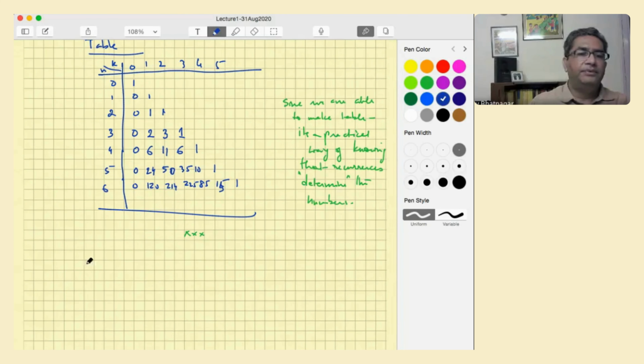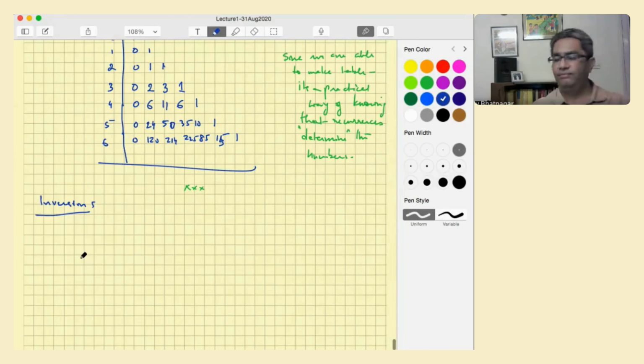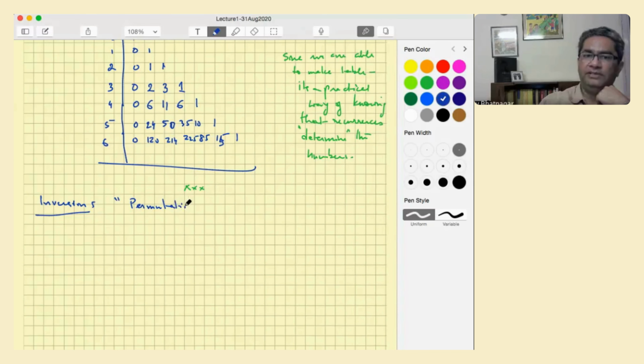Okay, so the next topic and the last one for today is inversions. I think we have more than enough time. This is a big field called permutation statistics.